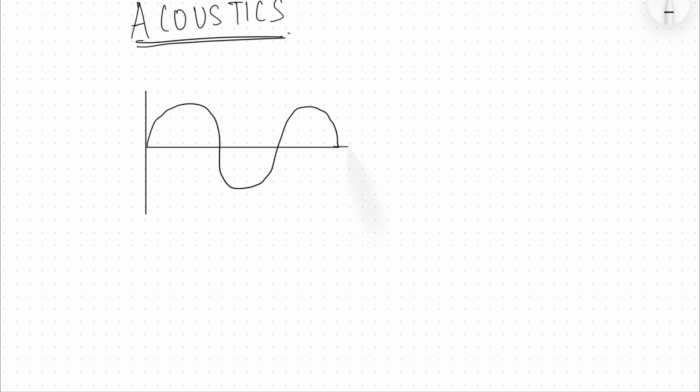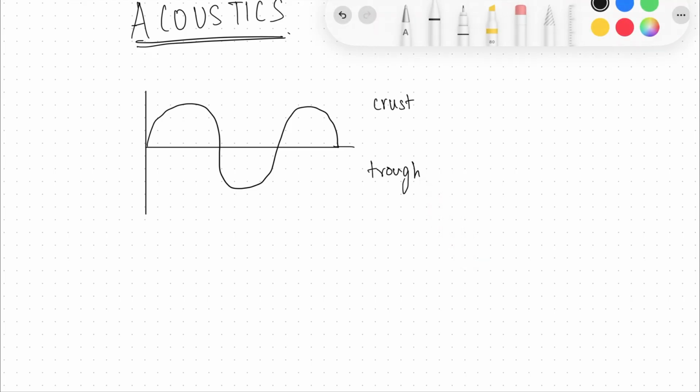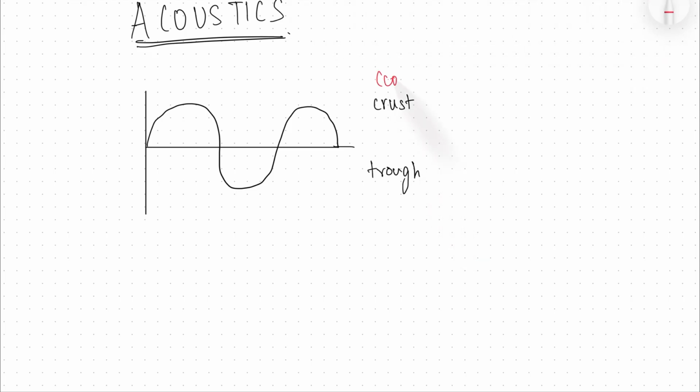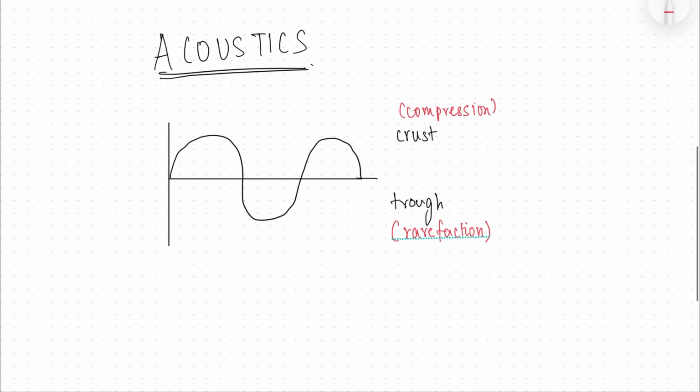So imagine this is your wave, okay, and the above part is called your crest, and below is trough, and in sound waves you also call it compression and rarefaction. Okay, so the distance between two consecutive crests or two consecutive troughs is called your wavelength.